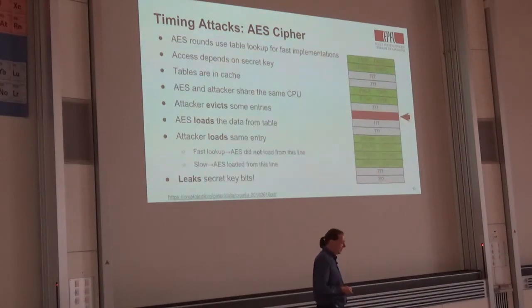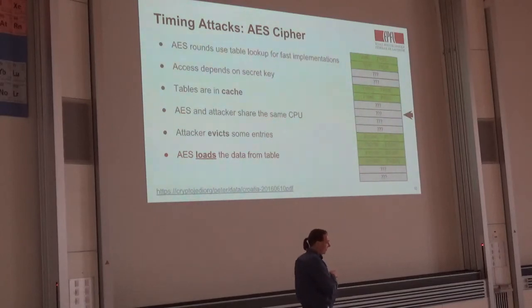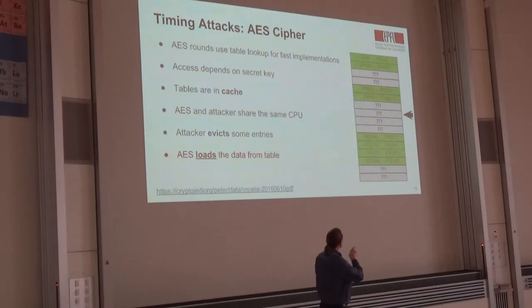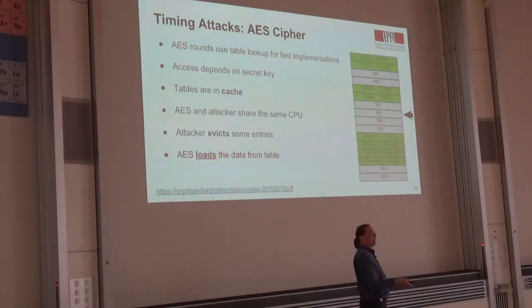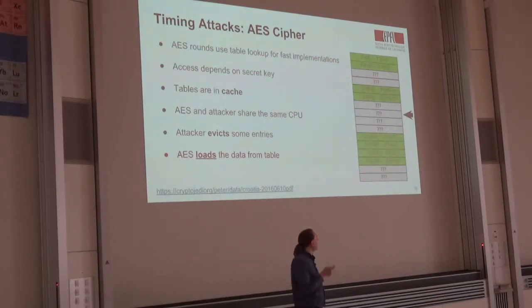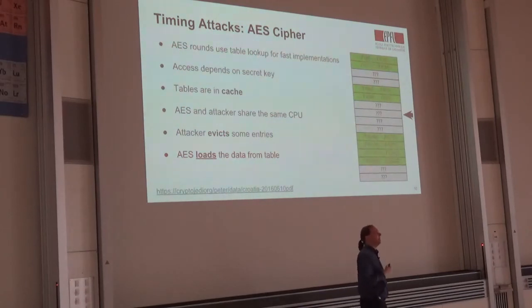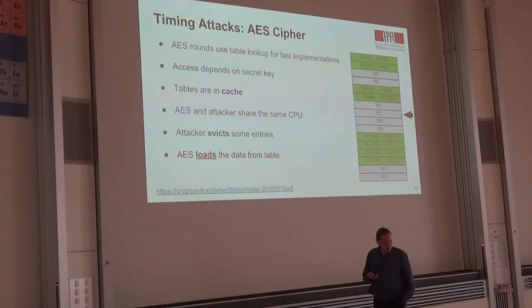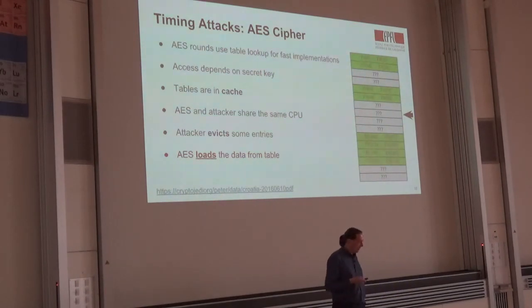It's going to evict the attacker's data from the cache now and load the AES table data back into the cache for those particular table entries that got hit by the AES code. So that has changed the cache state.